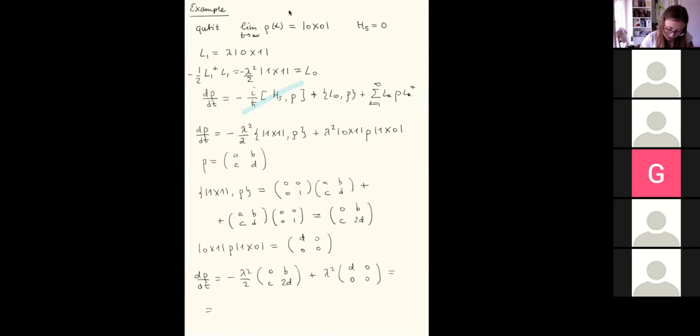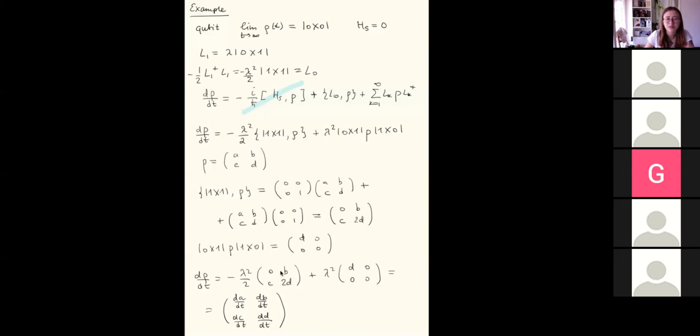Okay, and since we're taking the derivative with respect to t, this is dA by dt, dB by dt, dC by dt, dD by dt. And then we can solve each of these four differential equations separately.